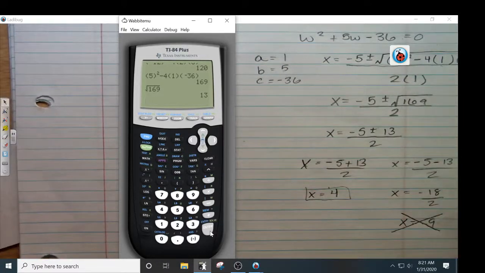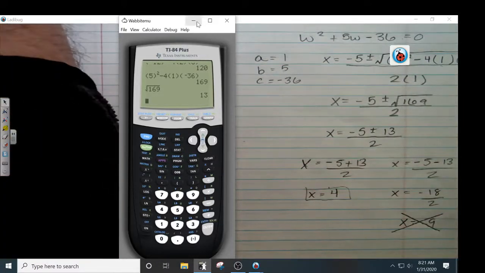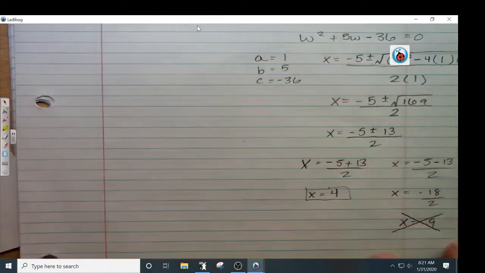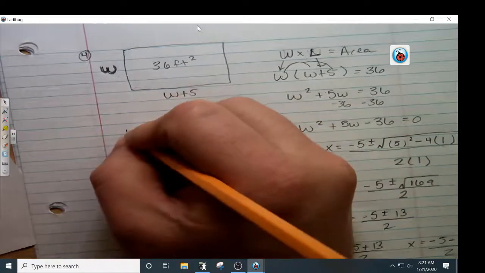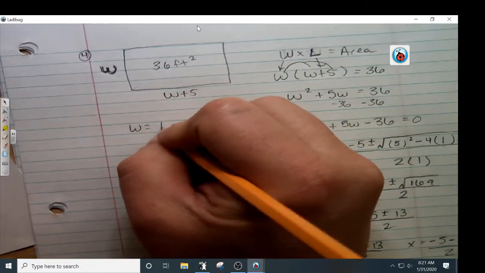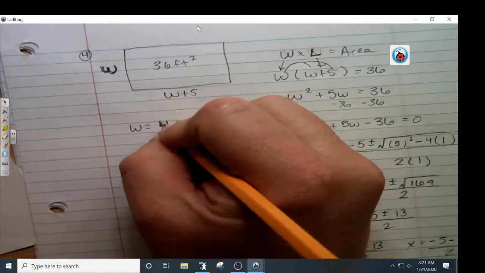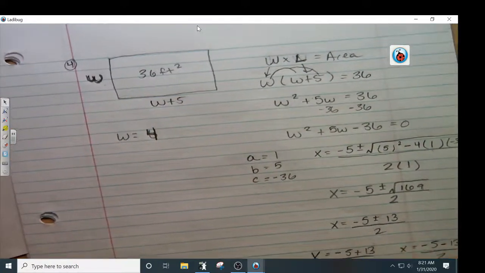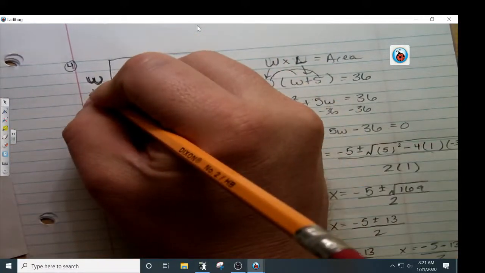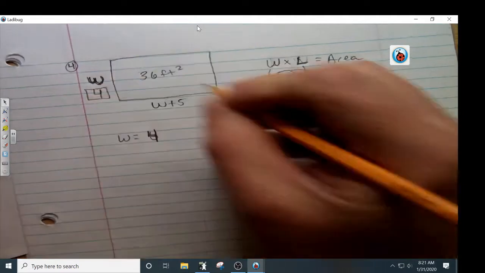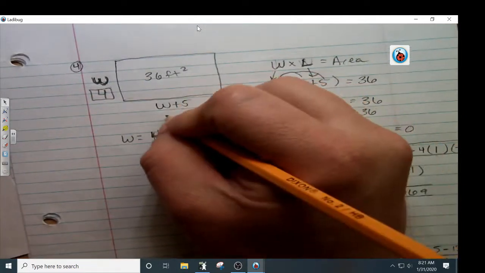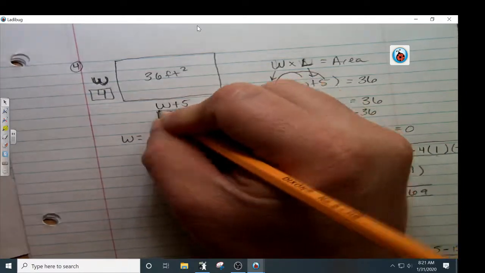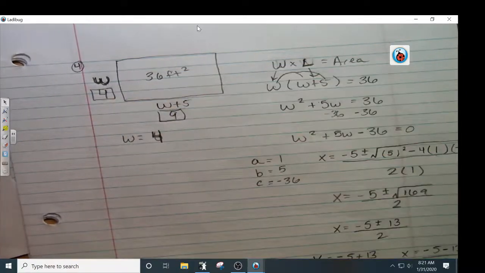So now what it wants is the dimension. So what I'm going to do, I'm going to go back up here to my, now guys remember, I used X, but it's supposed to be W. W is 4. So now my width then is going to be 4. And now if I plug this in, 4 plus 5 is what? Now does 4 times 9 give me 36?